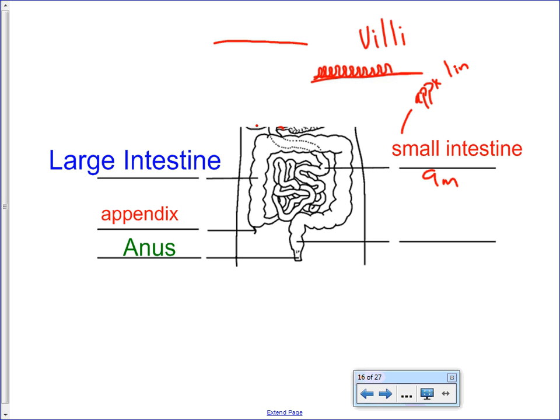Okay, so what happens in the small intestine? What type of digestion? Yes. A lot of the digestion is happening here, and this is where it is going into the bloodstream. So all of those nutrients are going into the bloodstream.